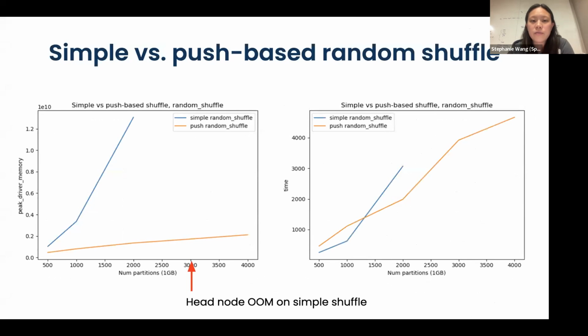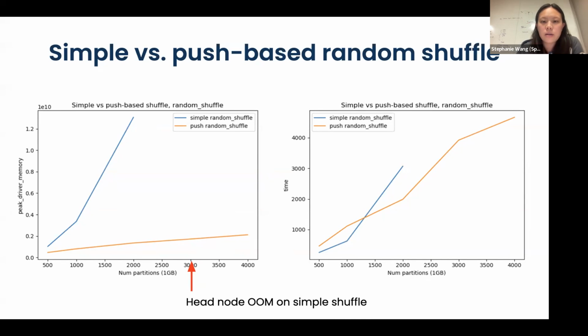So to get an idea of just how important it is to pick the right shuffle algorithm, here are some results showing a simple shuffle versus a more advanced algorithm. On the left-hand side, we're showing the driver memory required. And you can see that simple shuffle actually runs out of driver memory after about 2 terabytes of data. And that's because it needs more intermediate blocks to execute the shuffle. And so those intermediate blocks are adding a lot of metadata overhead to the driver.